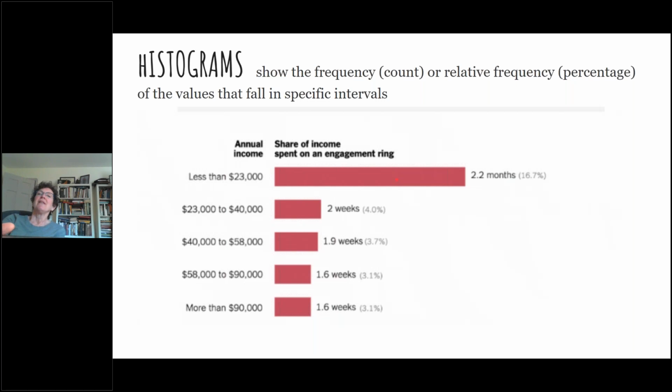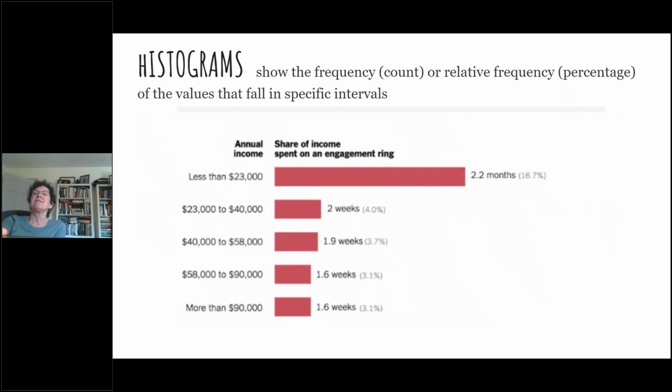So this is actually the x-axis. These are the various income categories. And then this is actually the y-axis, because this is horizontal, it's turned sideways.